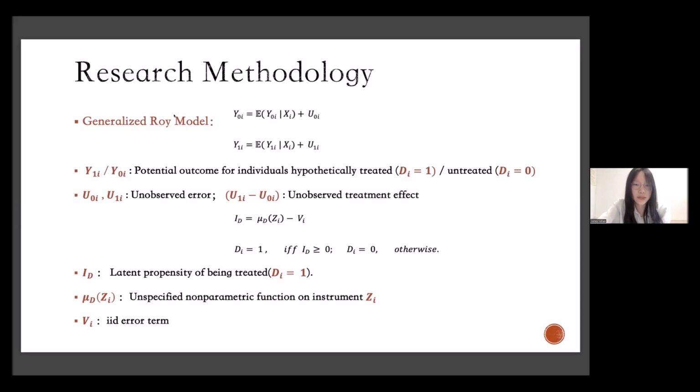We considered two potential outcomes, Y1i and Y0i, a binary treatment Di, a vector of pre-treatment covariates Xi, and the unobserved error terms U0i and U1i. Also, considering the endogeneity, we introduced the instrument Zi and the net gain from the treatment, which we denoted as ID.